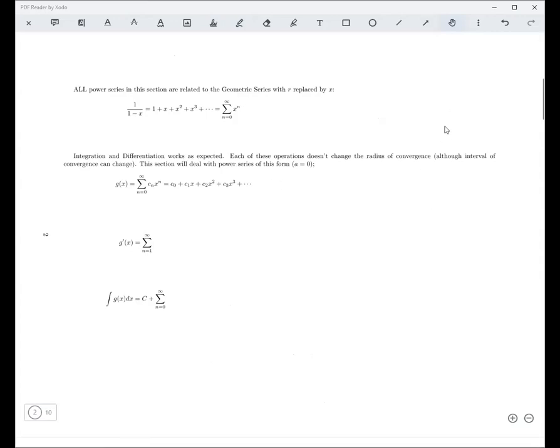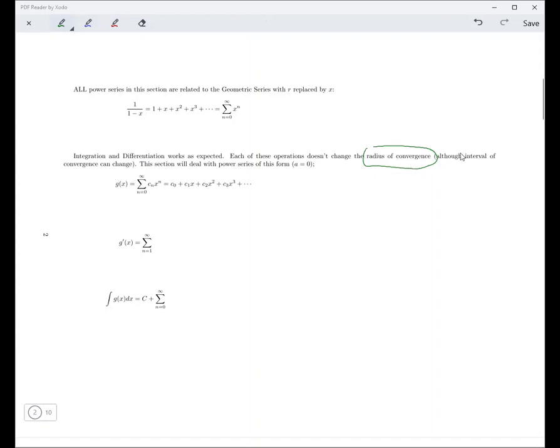Okay, so one thing about integration and differentiation is it basically works as you'd expect. If you have a power series representation, it's pretty straightforward to take a derivative or an integral, and things work out as expected. And also, the radius of convergence doesn't change when you take a derivative or an integral, although the interval might change.